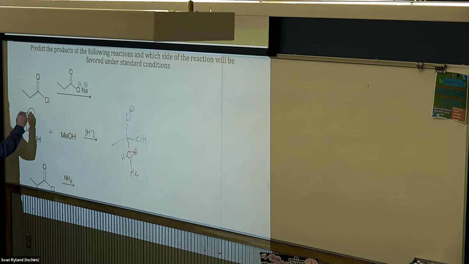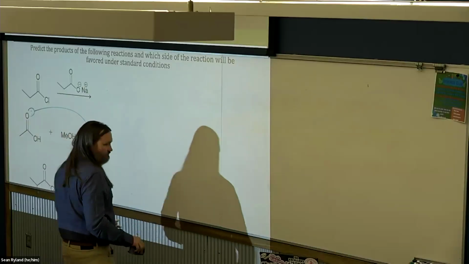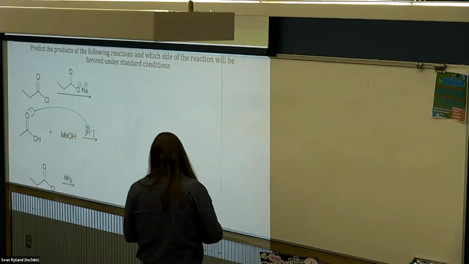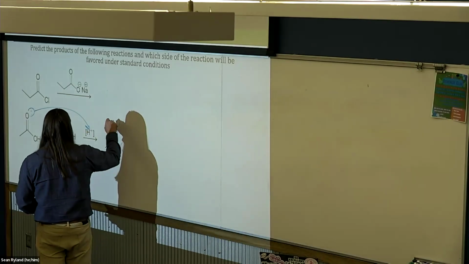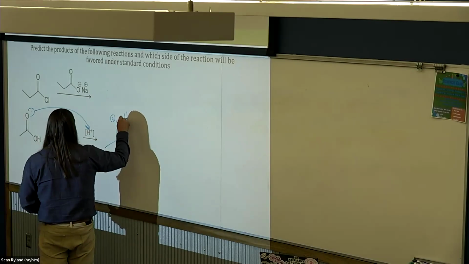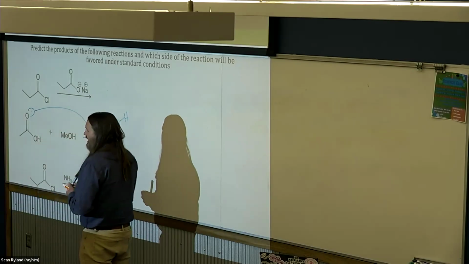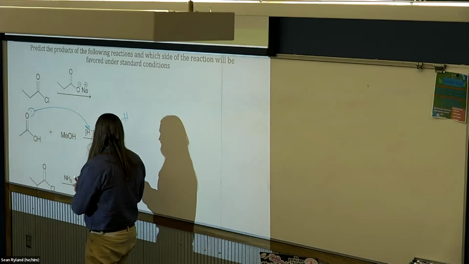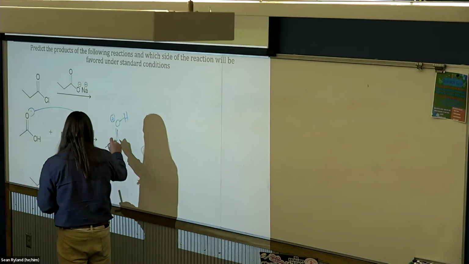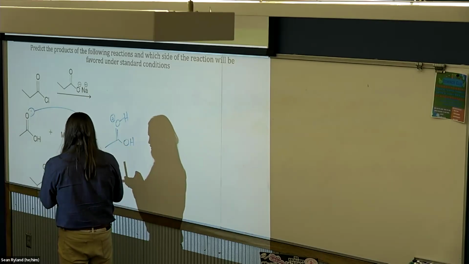So our first intermediate is just the protonated carbonyl, because we can't have a negative charge floating around under acidic conditions. And then we still have this OH there.